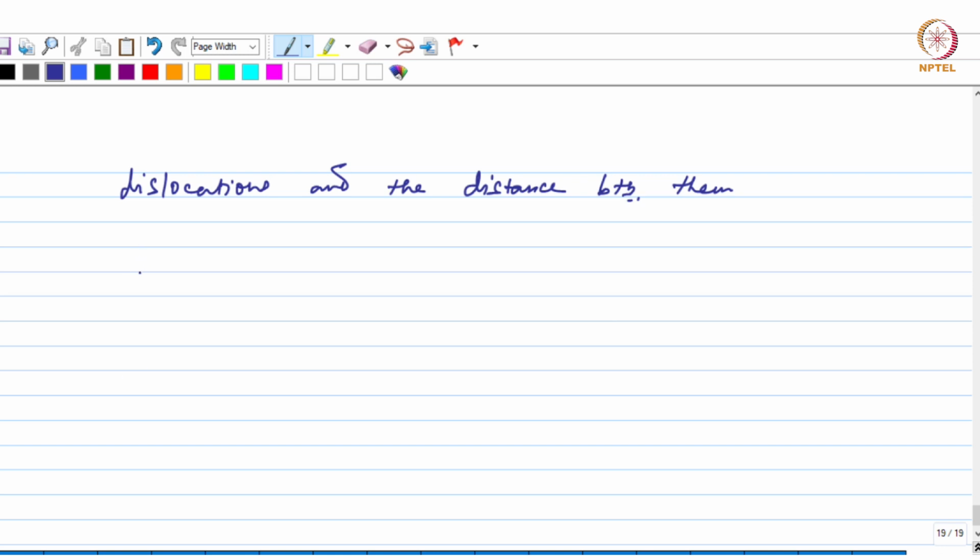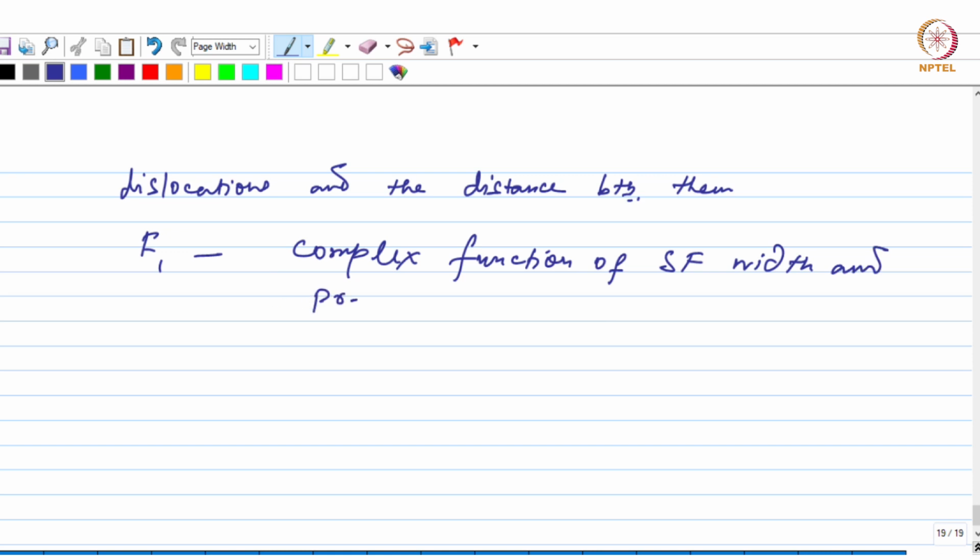The other term that you see, that is F1, is a complex function of stacking fault width and the precipitate size. And small f is the volume fraction of precipitates.